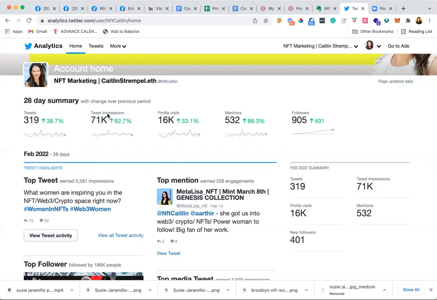So you always want to make sure that your impressions are increasing as your followers increase and as your tweets increase. Same with the profile visits. That could be coming from me being in Twitter Spaces, people seeing who I am, or somebody mentioning me in a post and people going over to my profile, and then mentions too.